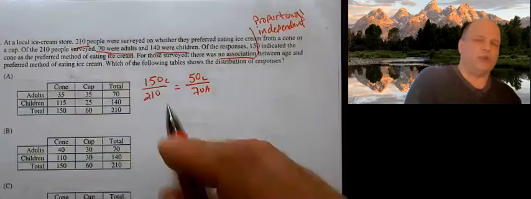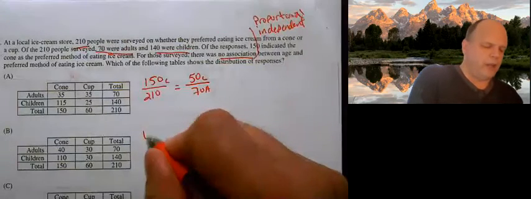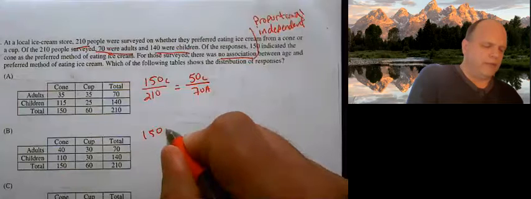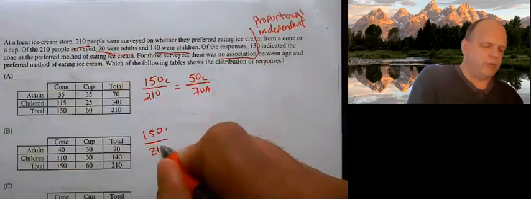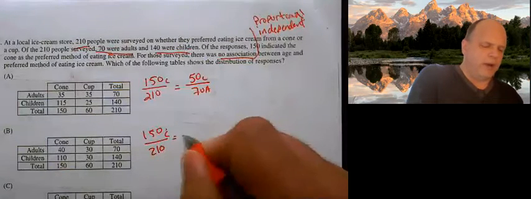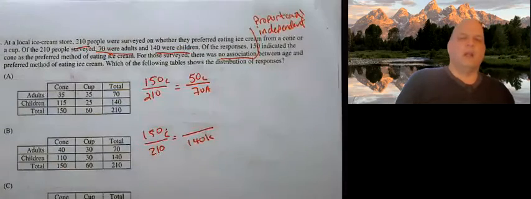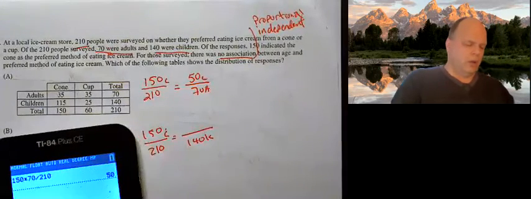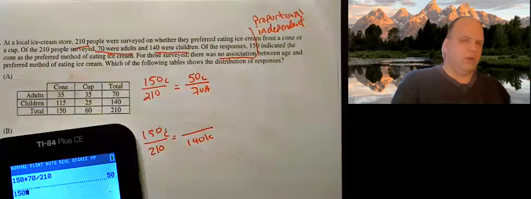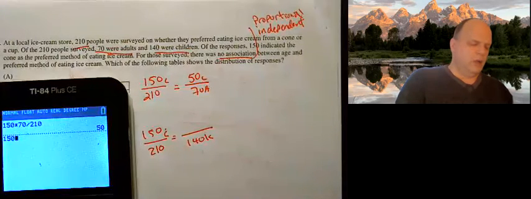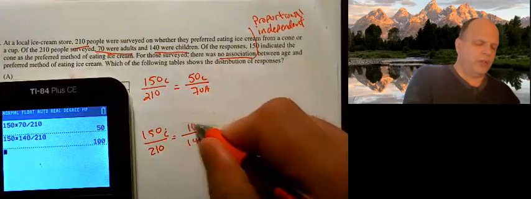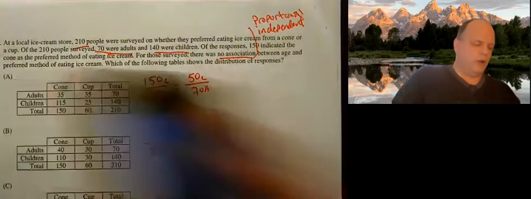But I could check it out with the children. So 150 out of 210 preferred the cones, and we have 140 kids. 150 times 140 divided by 210 equals 100 kids preferred the cones.